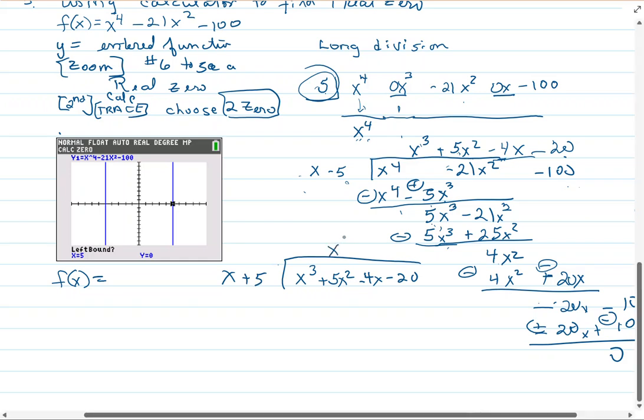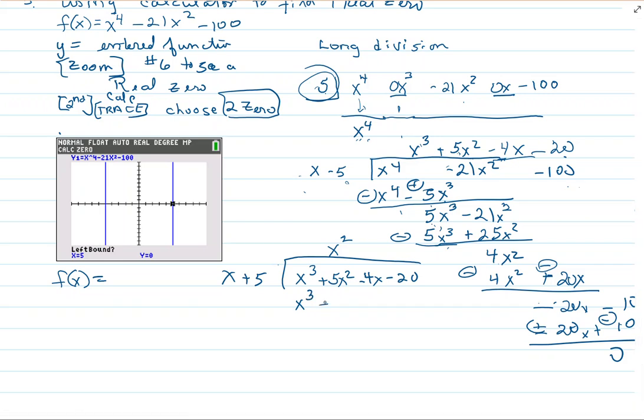I'm going to have an x squared, x cubed plus 5x squared. Draw my line. These are gone. So that gives me a negative 4x minus 20. When I do this guy, I'm going to have a negative 4. Negative 4x minus 20.